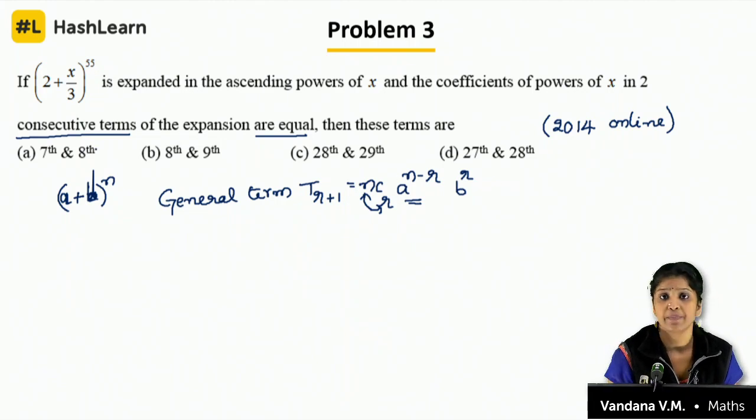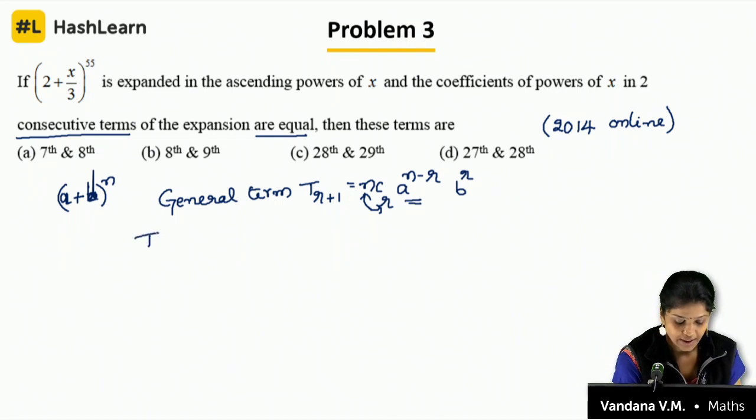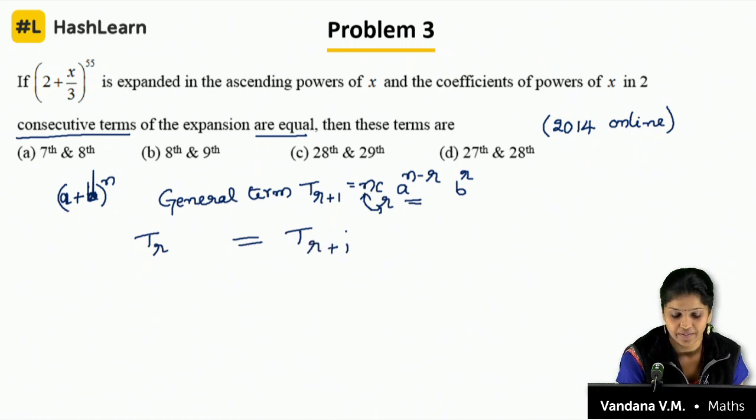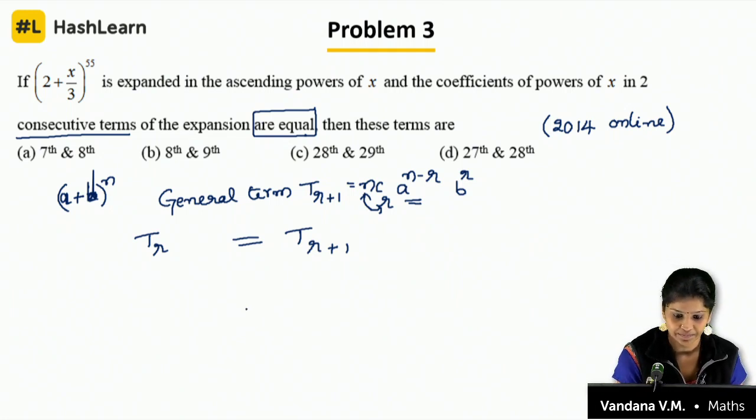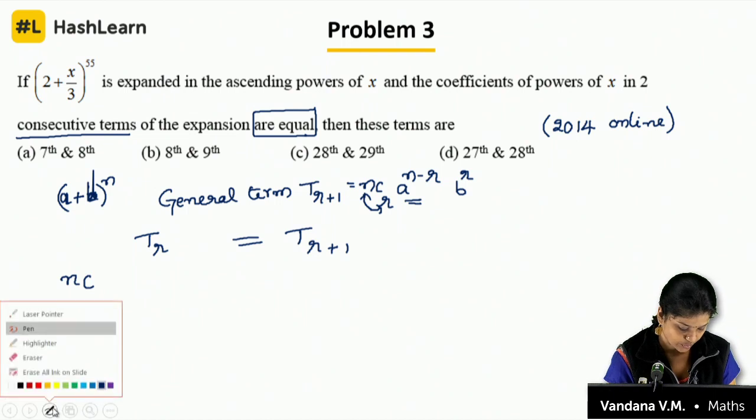So what I am telling is, some terms are equal. Let me take the Rth term and the (R plus 1)th term as equal. They only gave that some two terms are equal. Which terms are they? So let us find out. So T(R) is nC(R minus 1). The n value here we knew, no?